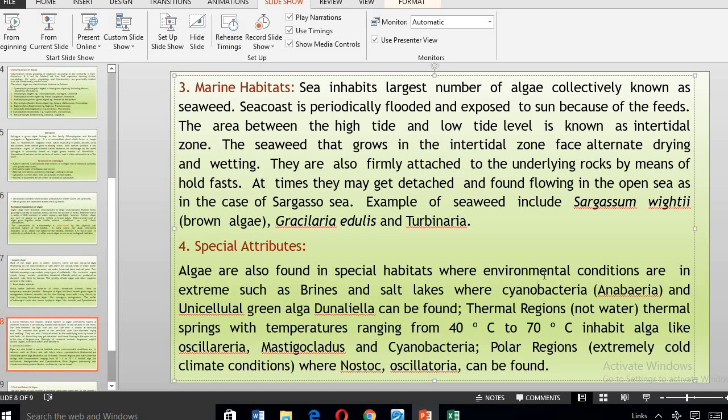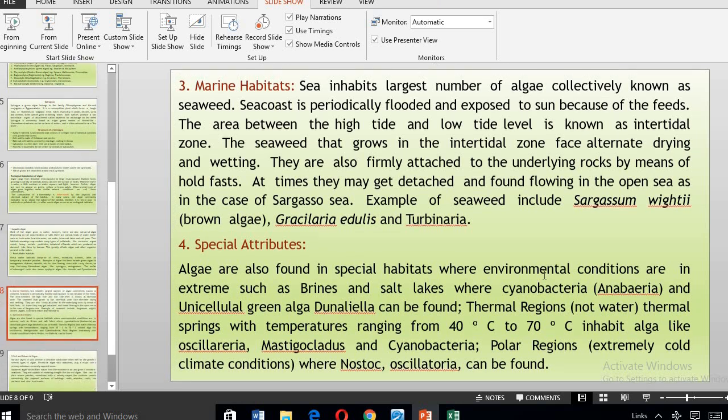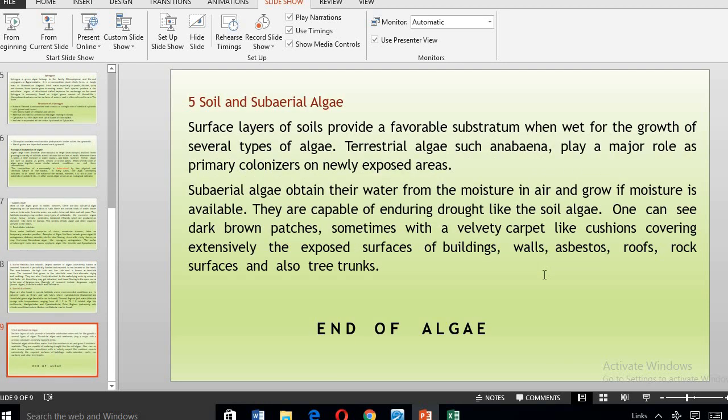The polar regions that have extremely cold climatic conditions also support the survival of algae like Nostoc and Oscillatoria. We also have some algae that can inhabit the soils, or subaerial, that is in the air.